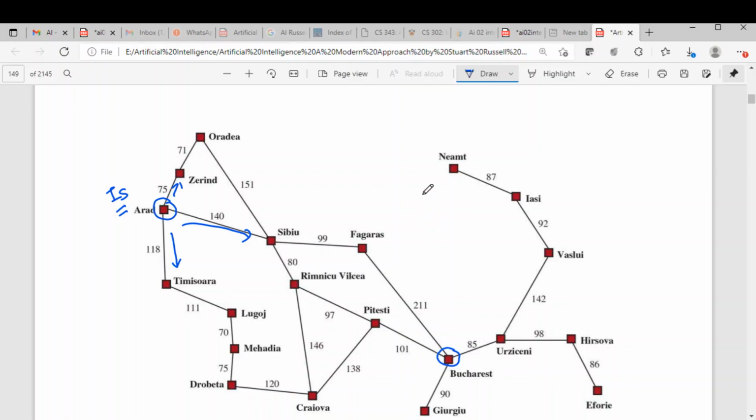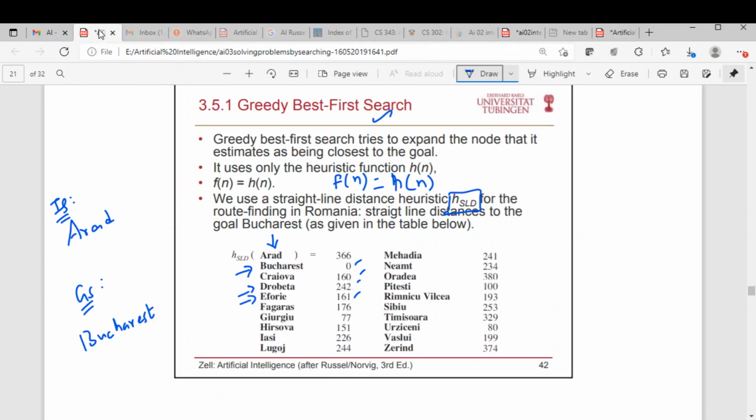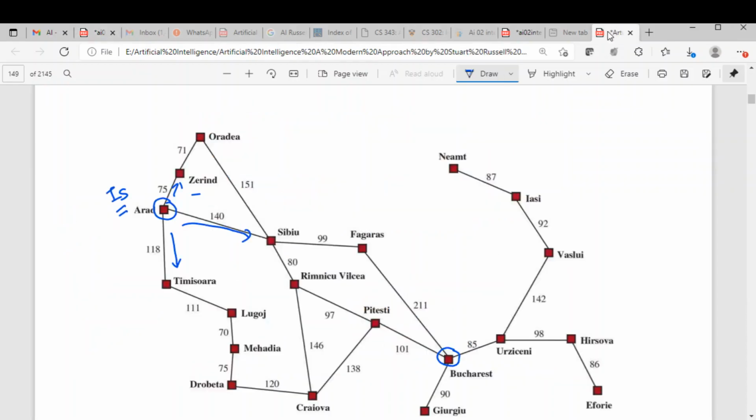So what are the possibilities we have? We have Zerind, we have Sibiu, and we have Timisoara. Okay, so what will the agent do? Now let us refer to this table, which is nothing but the straight line distance table, or heuristic table. So we have three options: Zerind, Sibiu, and Timisoara.